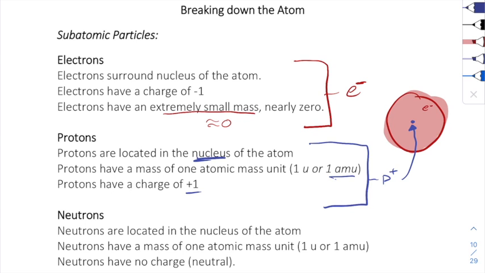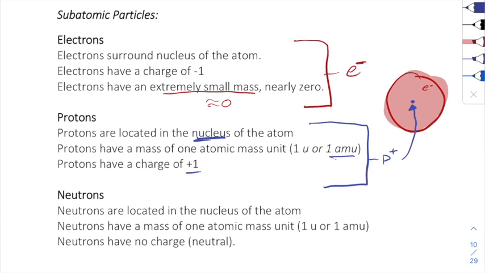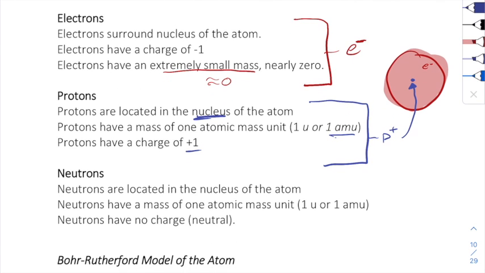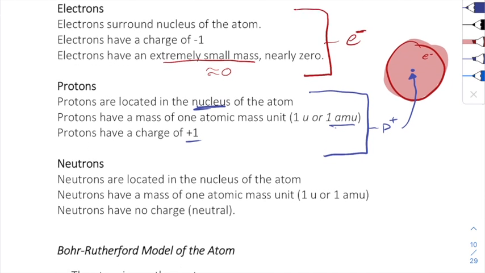Now, protons are still very light. There are 6.6 times 10 to the whatever, 34 or something, of them. You need that many of them to make 1 gram, but they are still a lot more massive than the electrons, which are thousands and thousands of times smaller.